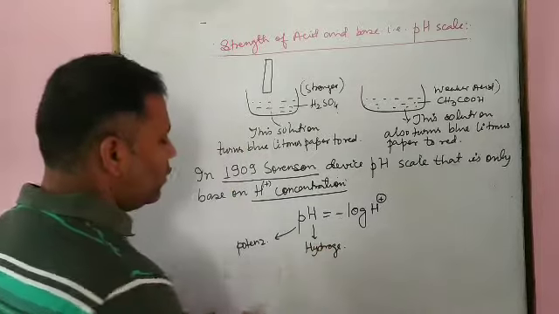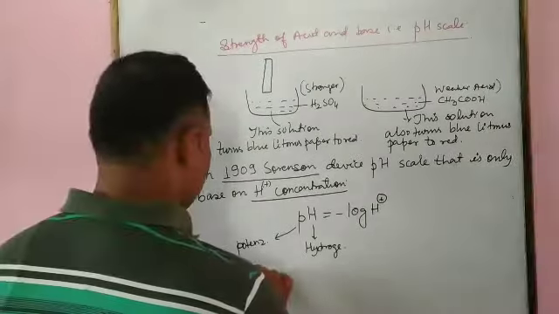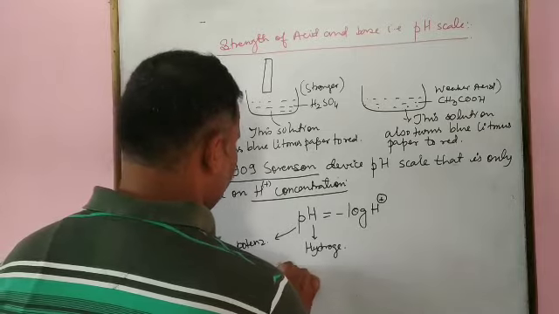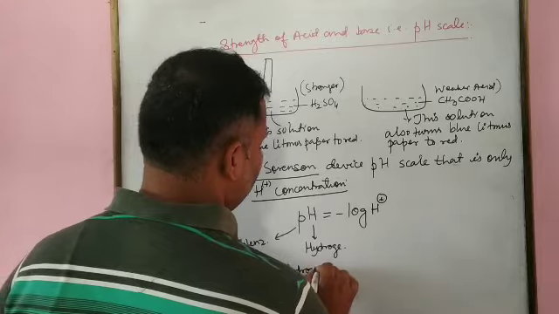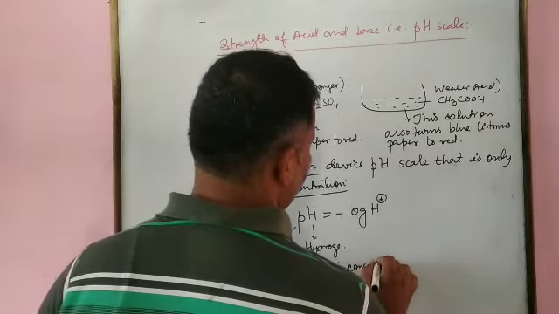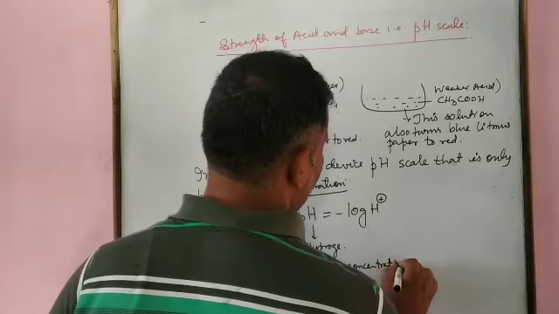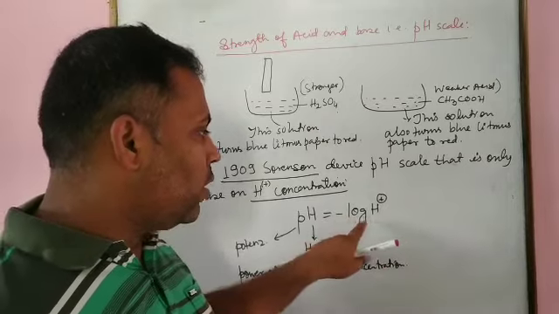The full form of pH is potential of hydrogen. It means power of hydrogen ion concentration. It equals minus log of H+.